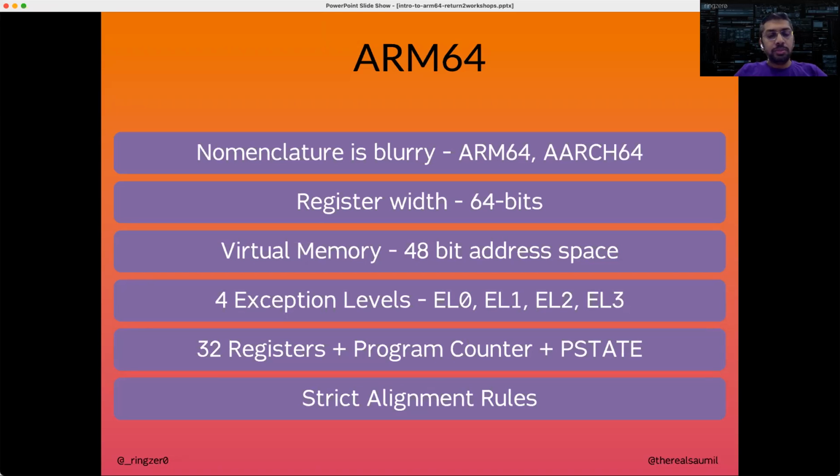The way the virtual memory is divided is also slightly different. You basically have the top half of the 48-bit space dedicated to user space, and the bottom half is dedicated to kernel space. And there's an unused, unaddressable gap in between.